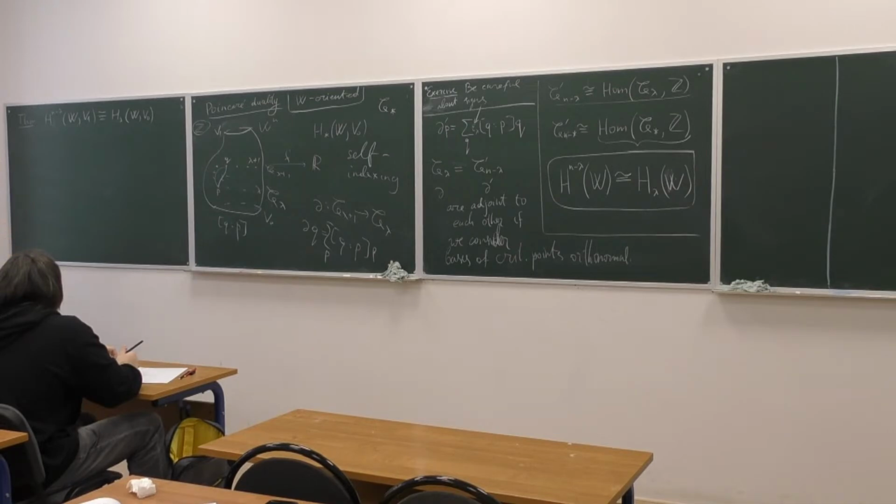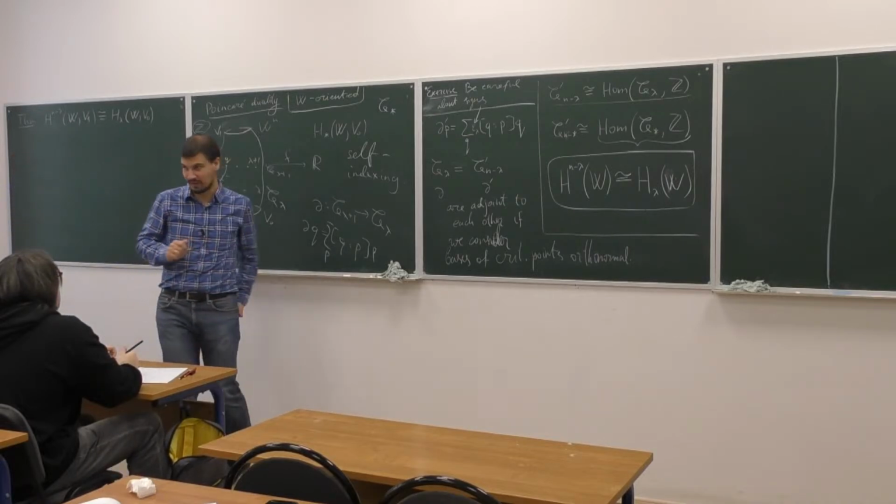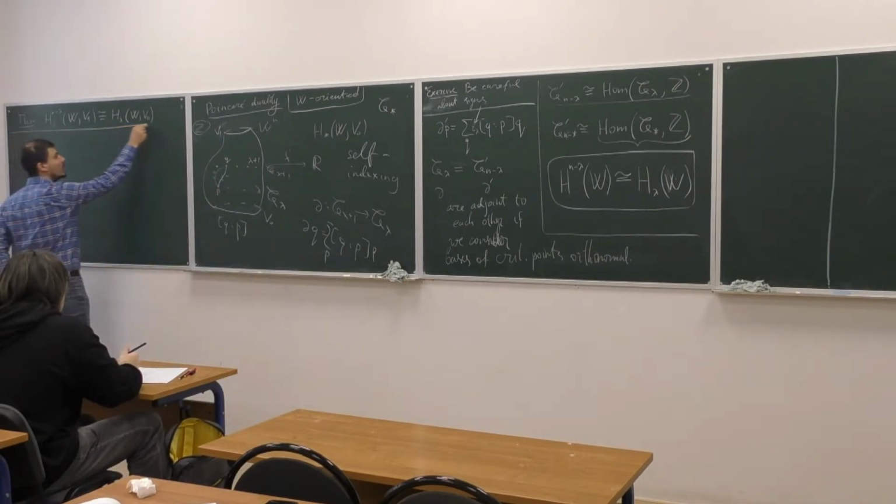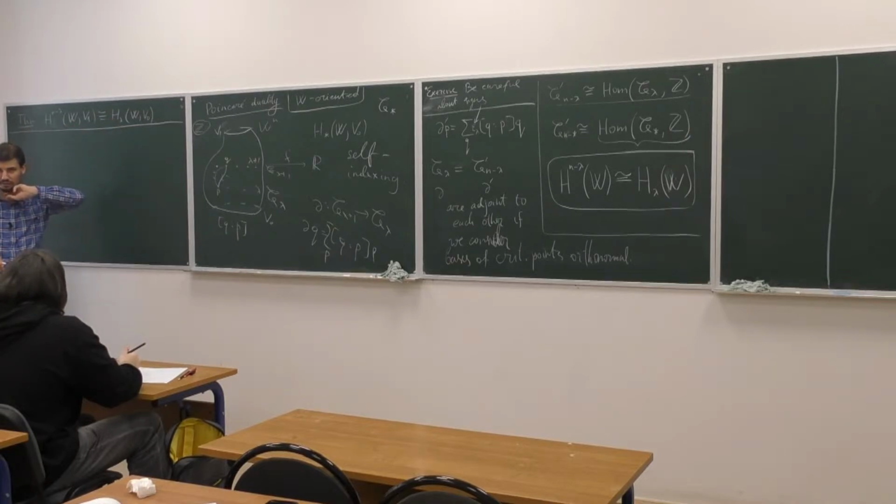Well, and the second observation, another part of this theorem, is that instead of saying that we have this isomorphism between cohomology and homology, we can say that there is a pairing between homology and homology.